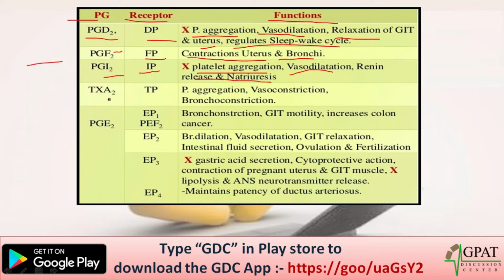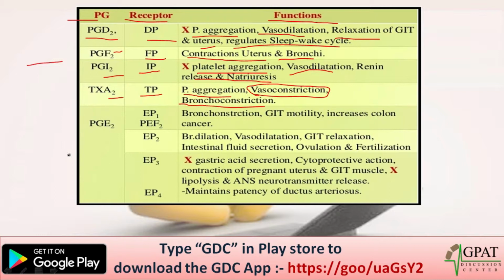Whereas TXA2, the receptor is TP, and the functions are platelet aggregation and vasoconstriction, which is asked in the question, that which is the vasoconstrictor. So TXA2 is the vasoconstrictor, and bronchoconstriction is also a function of TXA2.